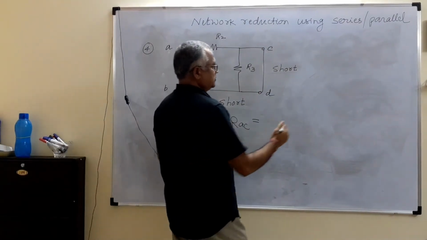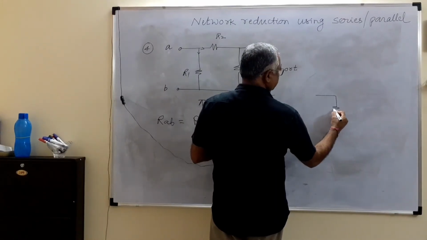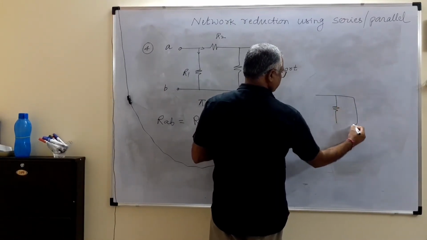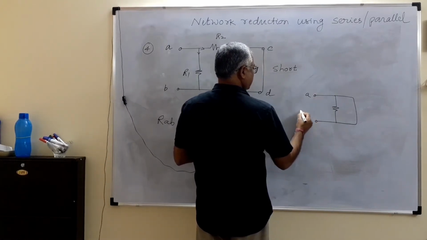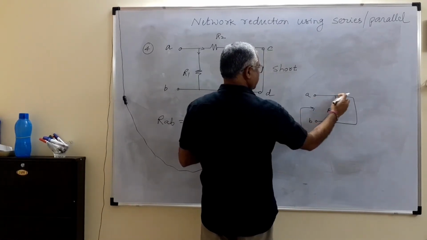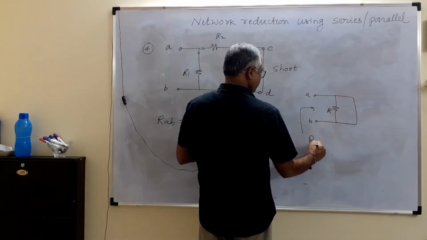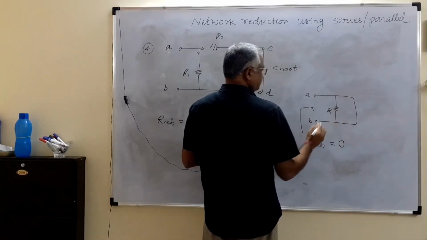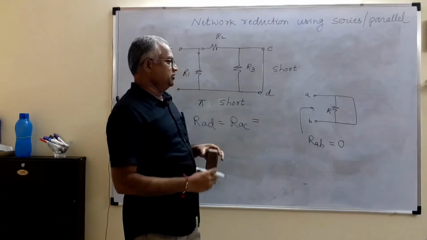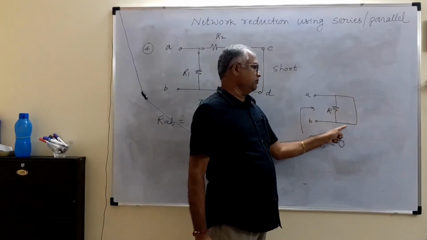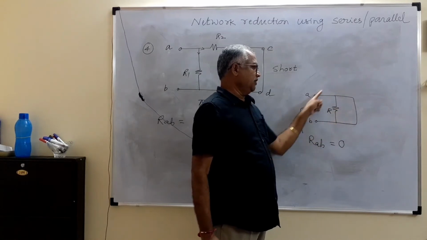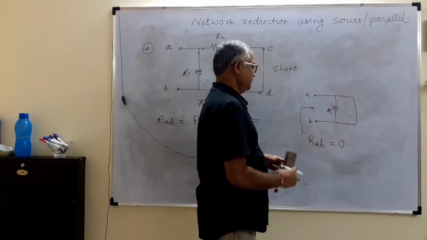R3, see, there is one resistor, this is short, this is AB. So it is R. When this is shorted, what is RAB? Simply 0. RAB is 0 because this resistor is short circuited. There is another path shorted, so it will offer equivalent resistance of 0.